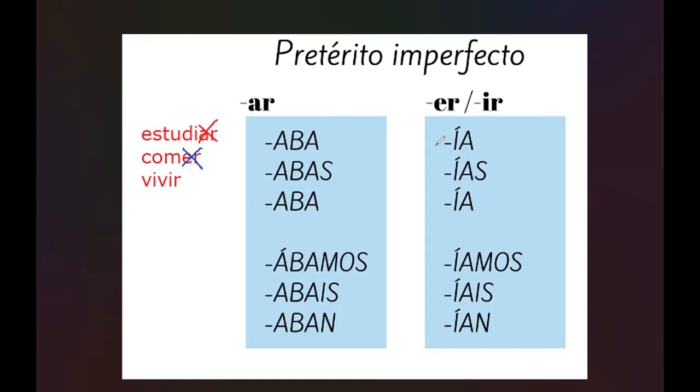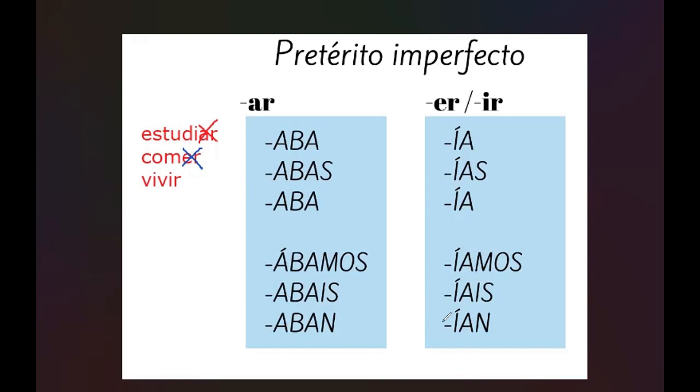We eliminate er, and then we're going to say yo comía, tú comías, él comía, nosotros comíamos, vosotros comíais, ellos y ustedes comían.